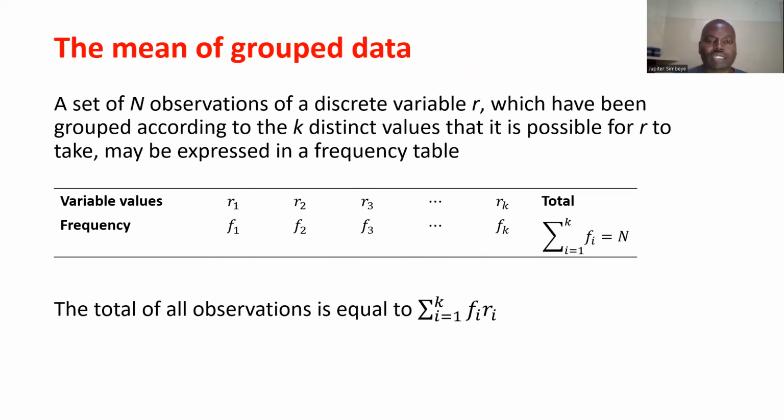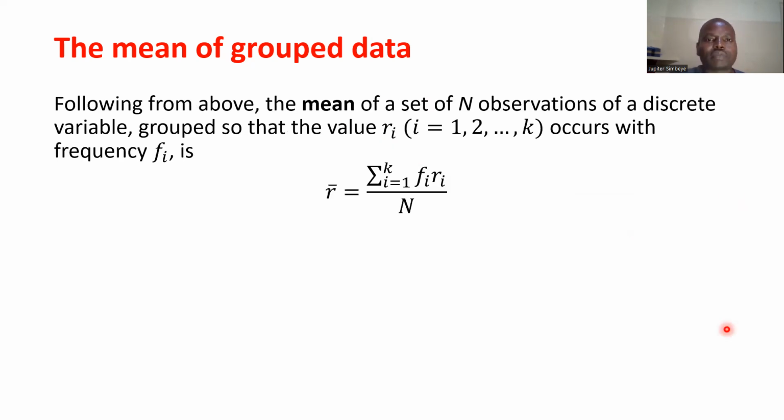Even when we are looking at the data example, we already saw these kinds of relationships. So if we have that scenario, then the mean of grouped data of a set of discrete variable, grouped so that the values ri, as i ranges from 1 up to k, occur with frequency fi, is given by this one.